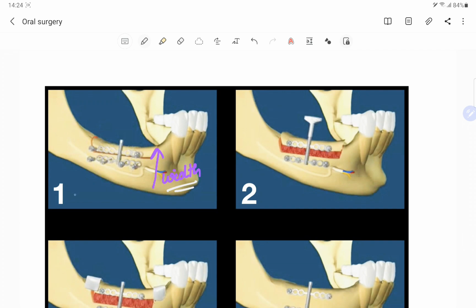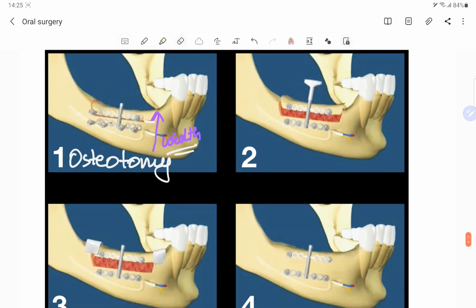So the first step is preparation of the osteotomy. As you can see, there is an osteotomy prepared at this end. Then we let this set for a certain time period, which is called the latency period. So this is the osteotomy plus the latent period.